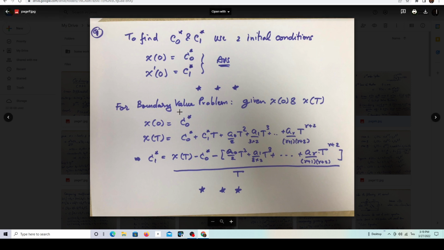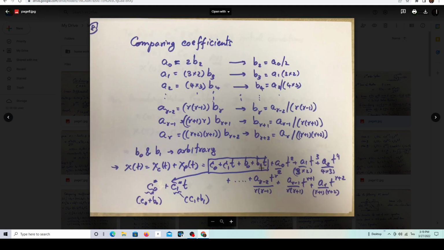And for a boundary condition, instead of giving you x0 and the derivative, I give you x0 and x at a finite horizon capital T. So x0 is the same, giving c0 star, but x at capital T becomes more complicated because you have to look at the whole function, since now you are not substituting small t by 0 anymore.